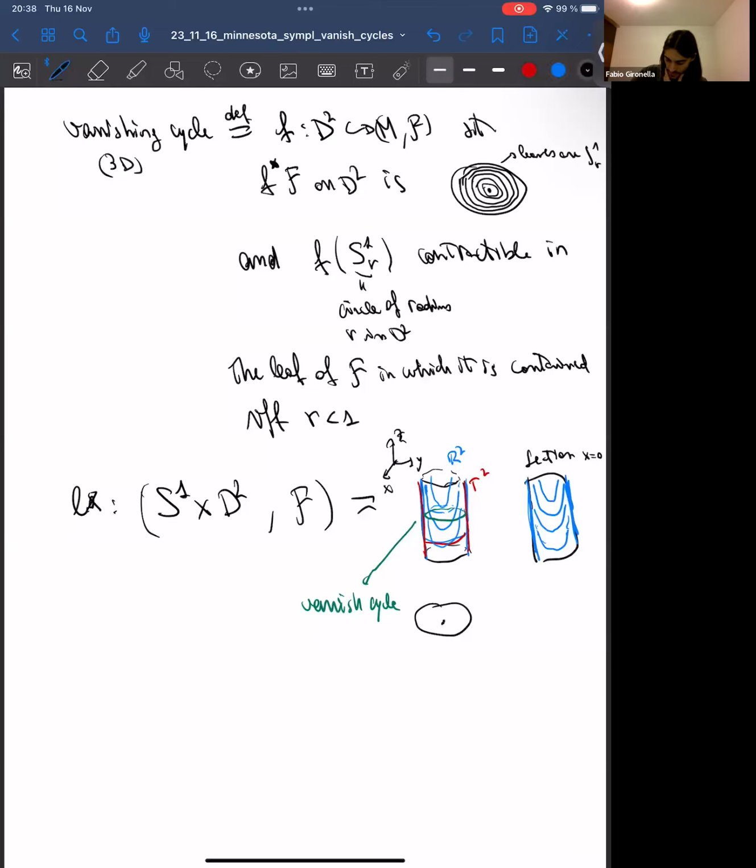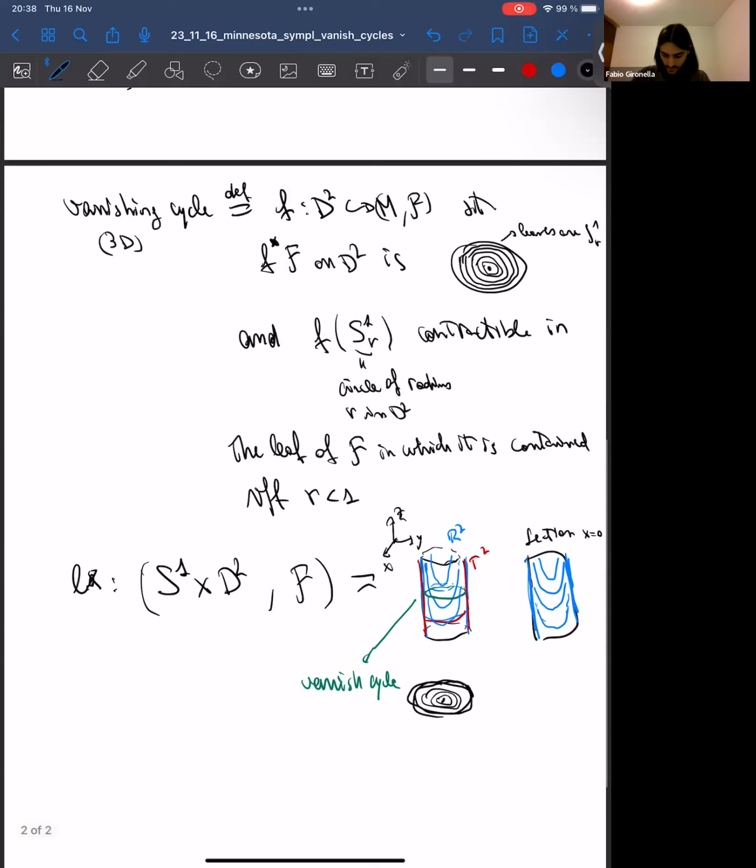So the foliation on the disk is exactly given by concentric circles. And moreover, all these circles are contractible in the leaf where they're contained, only if they are in the interior of the disk. Okay, the boundary leaf lives on the two torus, and there it is not contractible. Okay, so this is the kind of picture to have in mind.